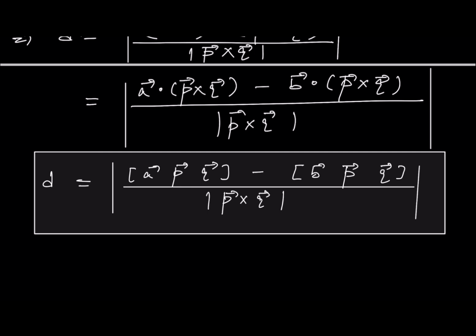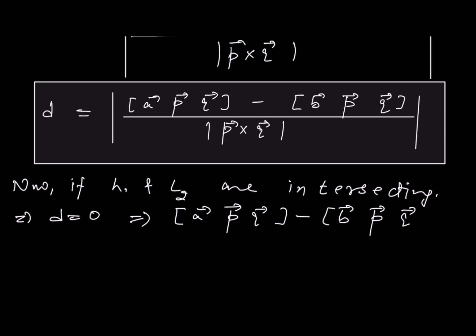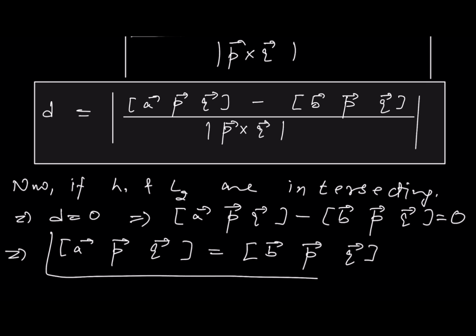So if L1 and L2 are intersecting, then the distance between these two will be 0, or you can say box of b p q minus box of a p q will be 0, or box of a p q is equal to box of b p q, right?